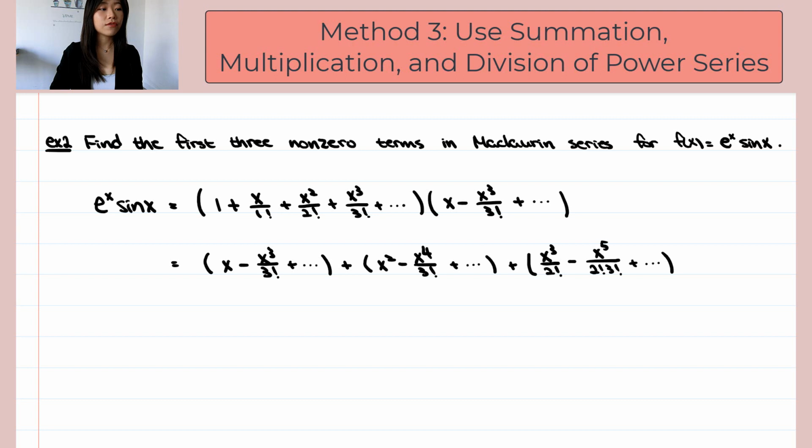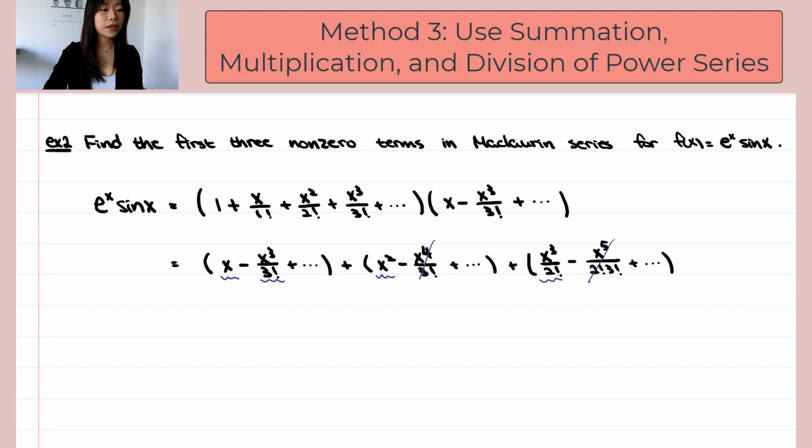But since we only want the first 3 non-zero terms, we have an x to the power of 1, we have x squared, and we also have x cubed. So they are the first 3 non-zero terms. So I do not need to worry about the other terms, the x to the power of 4 and the x to the power of 5.